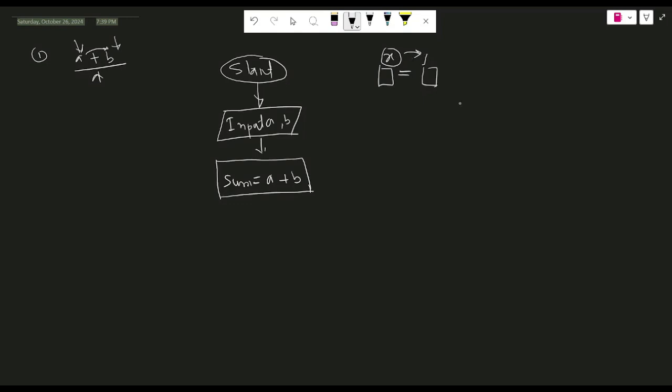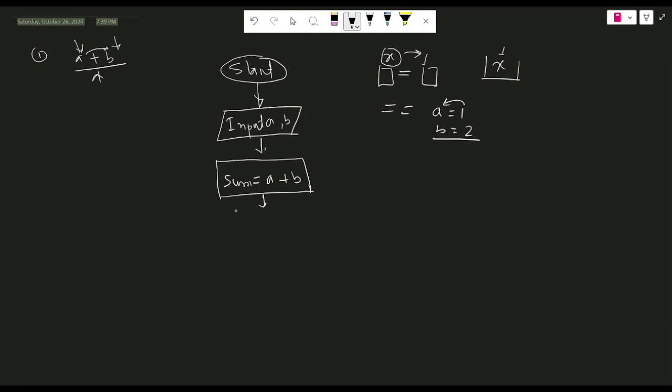You can think of it as a big box, and there is an x variable where I have put a value of 1. Earlier in maths, we took a is equal to 1, b is equal to 2, something like that. They are not equal, they are just assigned to this particular variable.